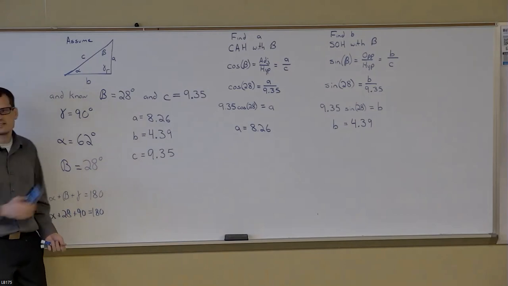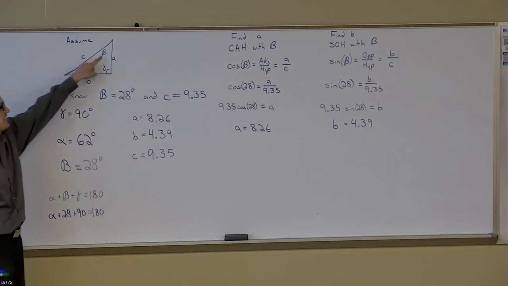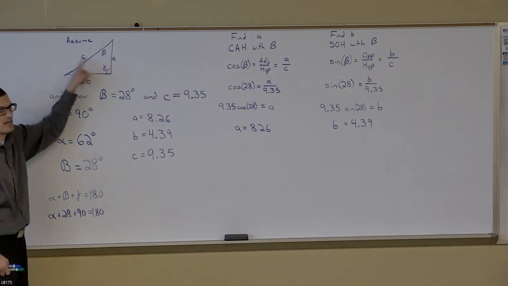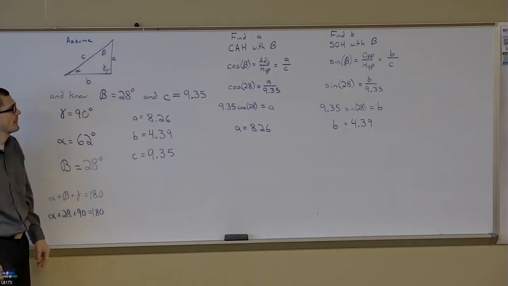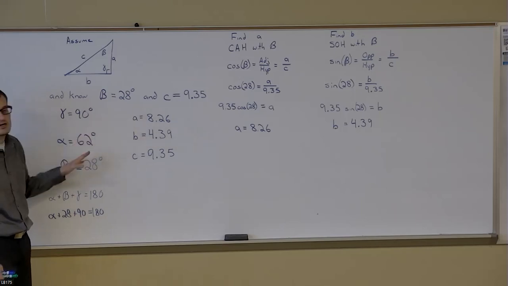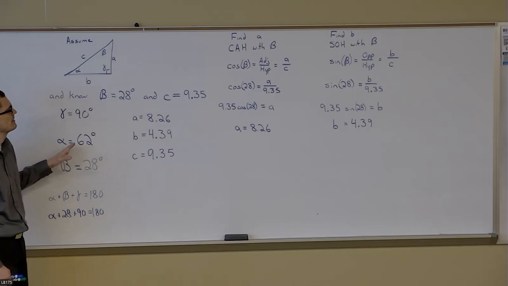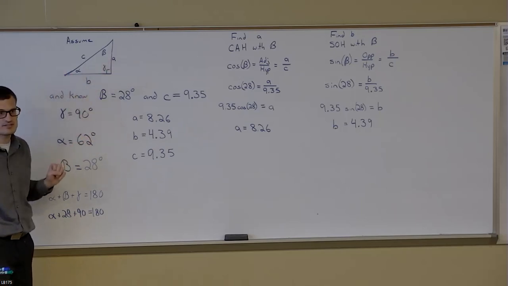Any questions about this? So if you're given alpha or beta and one of the sides, then you can exclusively use SOHCAHTOA to find the other side lengths.